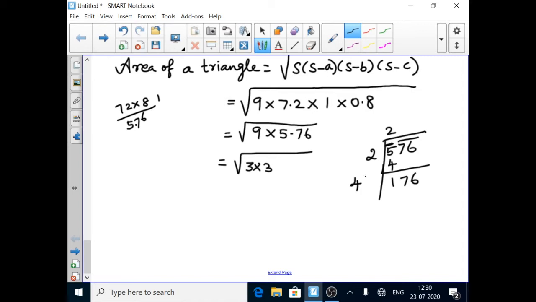So you can check it first. Let us put 4 and see whether the answer comes. Okay? So 4 4s are 16, balance 1, again 4 4s are 16, 16 plus 1, 17.